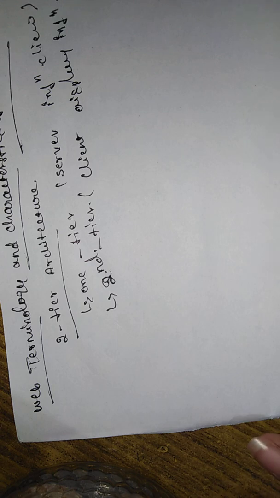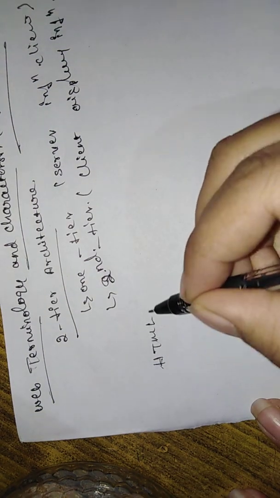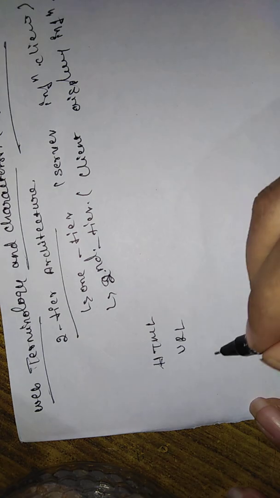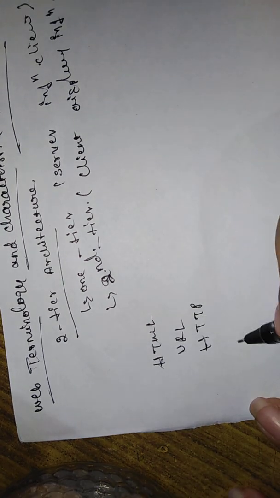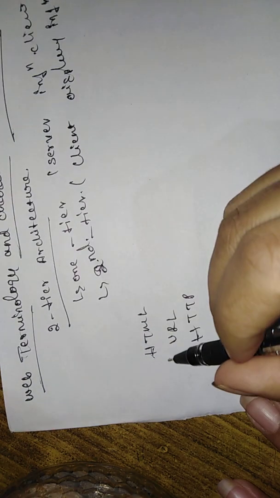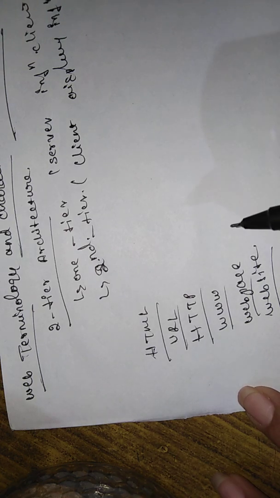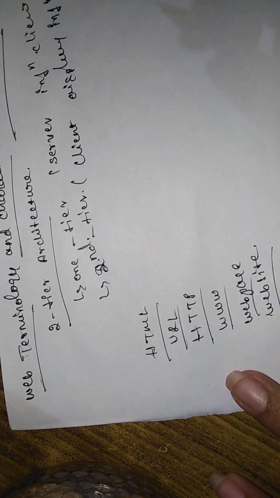So for web terminology and characteristics, we use a two-tier architecture: the first-tier architecture and the second-tier architecture. The first tier is server based and works like a server; the second works like the client.